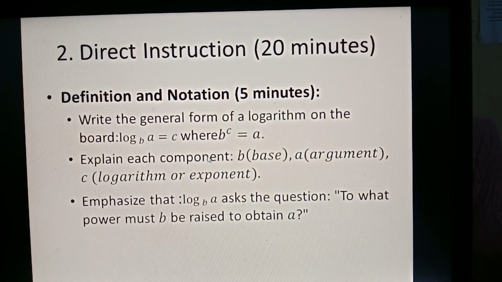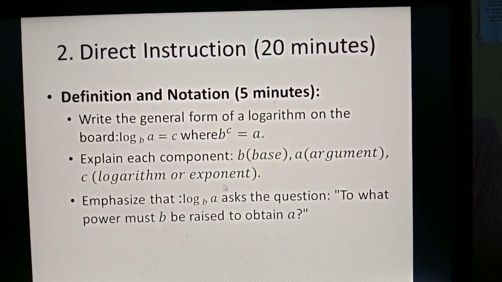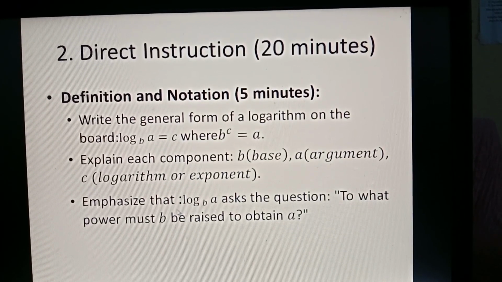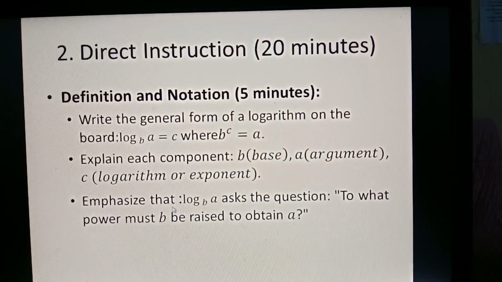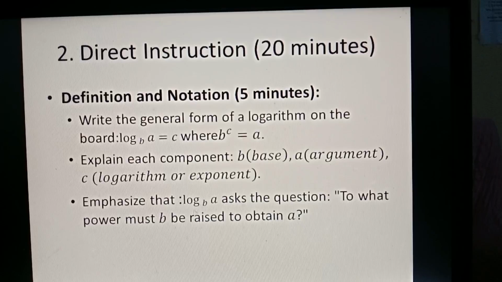Explain each component. B is base, a is called argument, and c is logarithm or exponent. So now you see the word exponent has got 3 meanings. It can mean logarithm, it can mean index, and it can mean exponent.